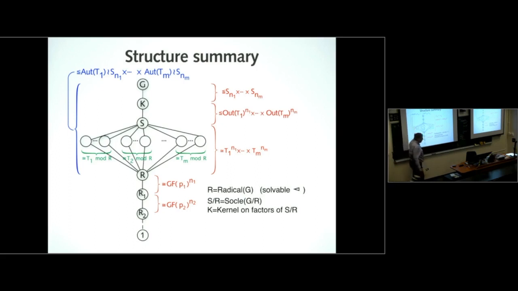And the hope for this is to build algorithms which do one thing in the factor which uses very much the simple group structure and refer to theory as much as possible, and then do something here which involves linear algebra to extend the result.